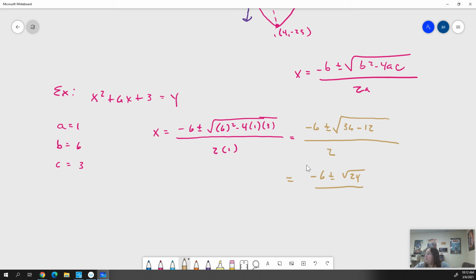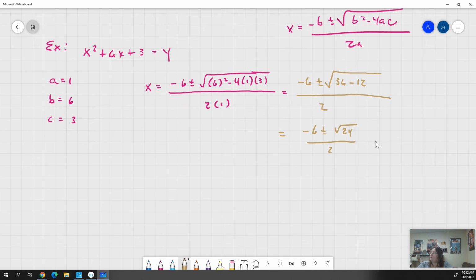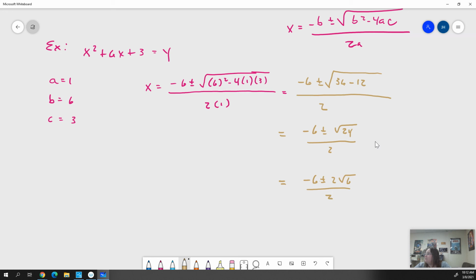24 is not a perfect square, but it is okay. We don't need it to be a perfect square because we're only doing sketches of graphs. We're not doing exact graphs. So I do need to break down that square root of 24. And I'm going to get minus 6 plus or minus 2 radical 6, over 2.